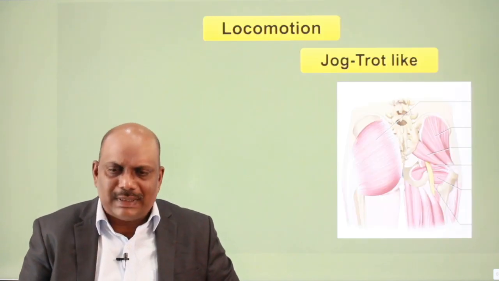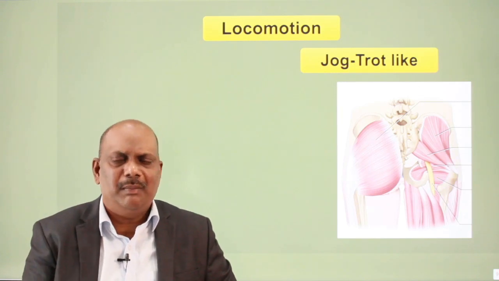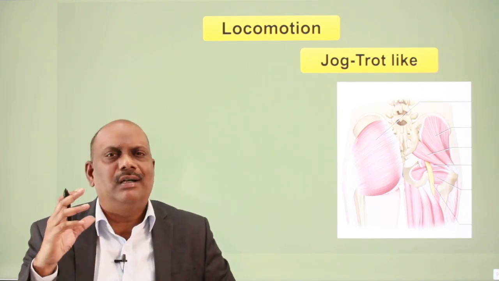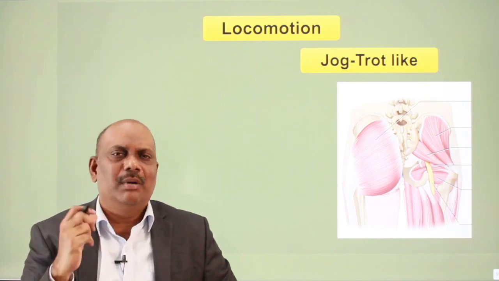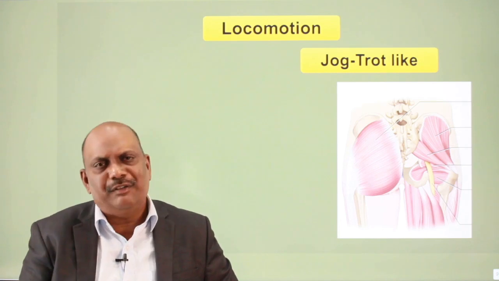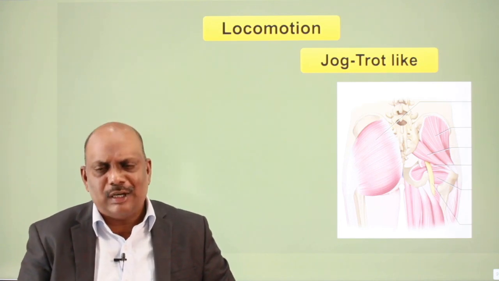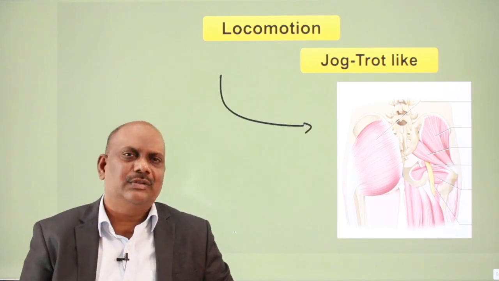Though Australopithecus had a bipedal locomotion, it is not like that of human bipedal locomotion. There is a difference actually. This is largely because of the absence of these muscles.